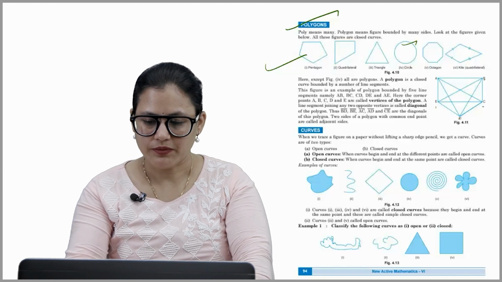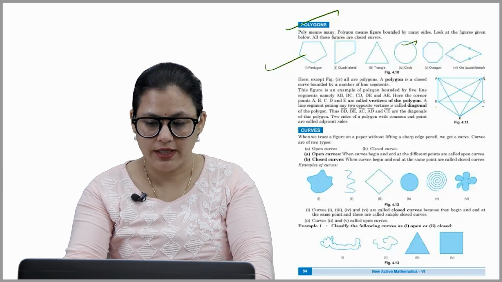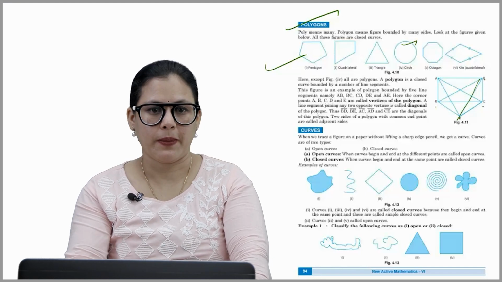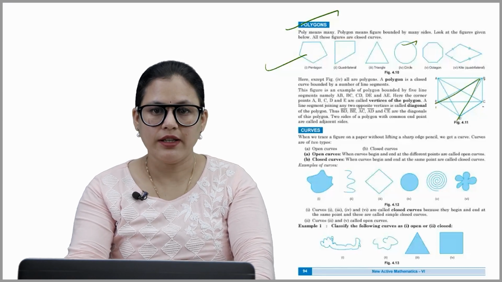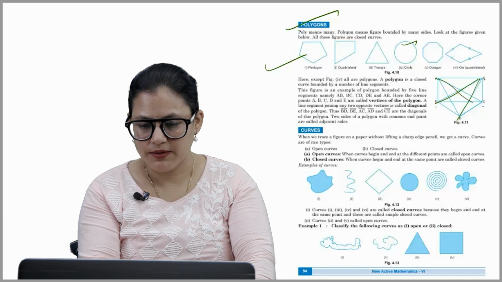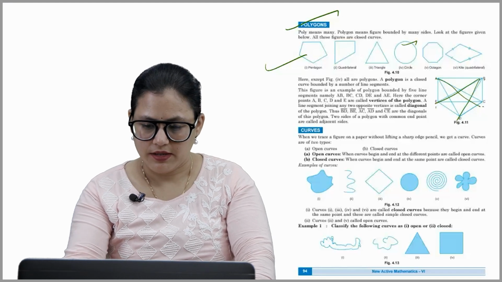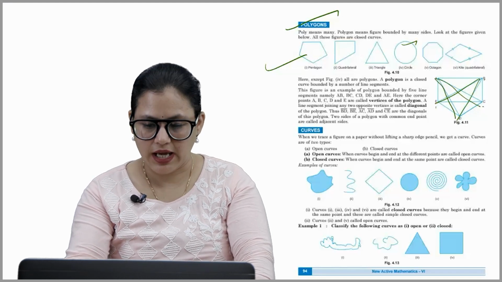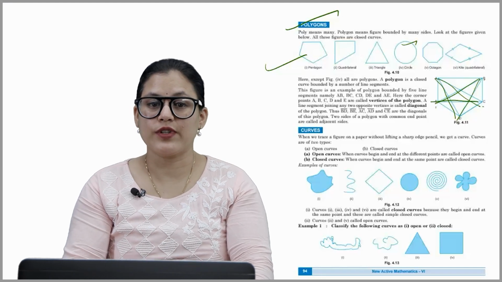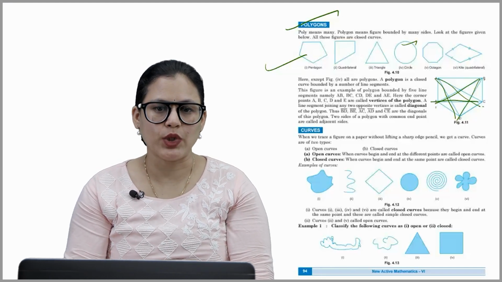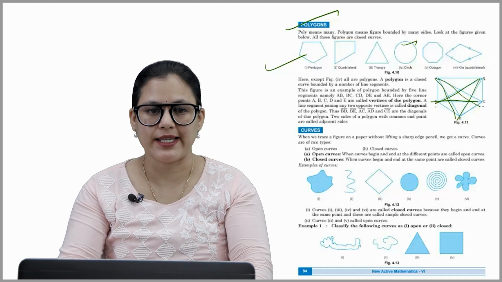Thus, BD and BE, then AC, AD and CE are the diagonals of this polygon. Two sides of a polygon with a common endpoint are called adjacent sides, right?